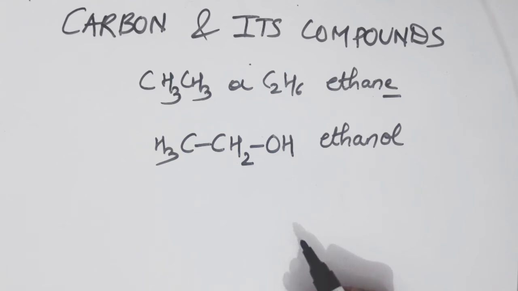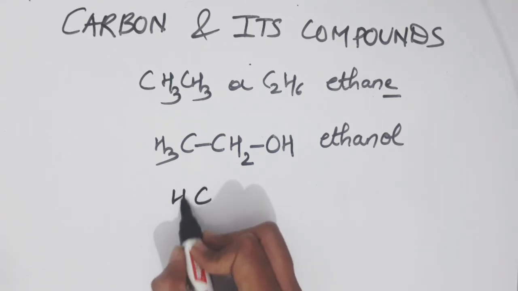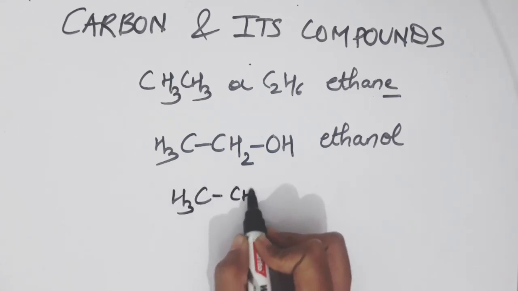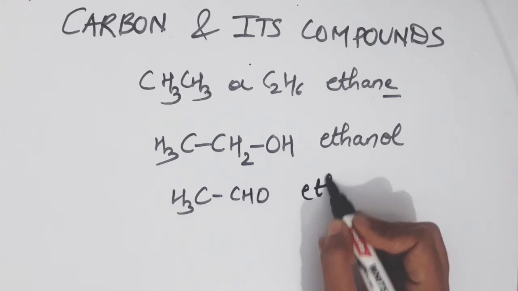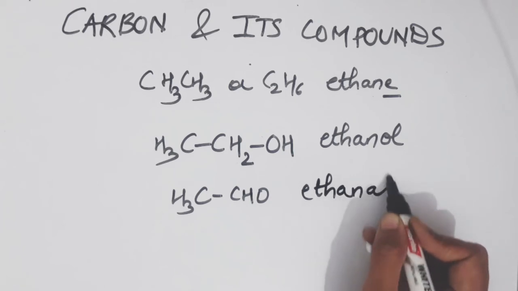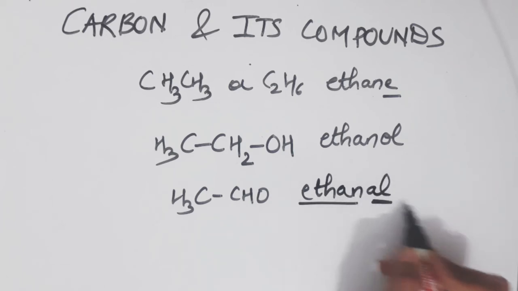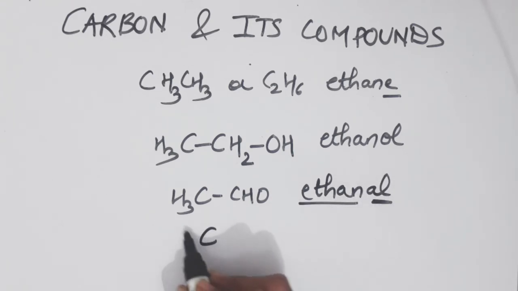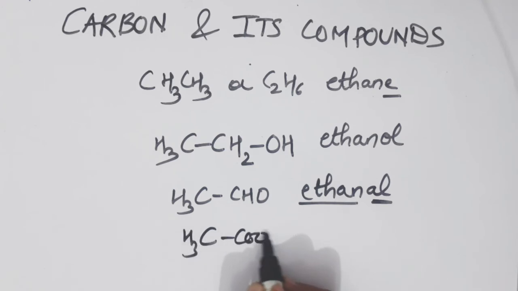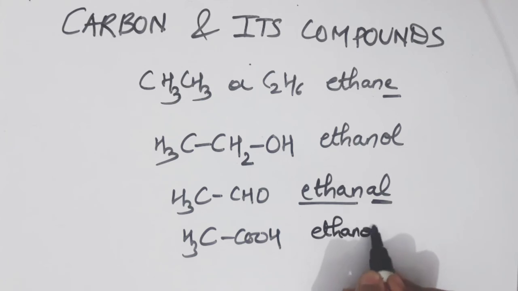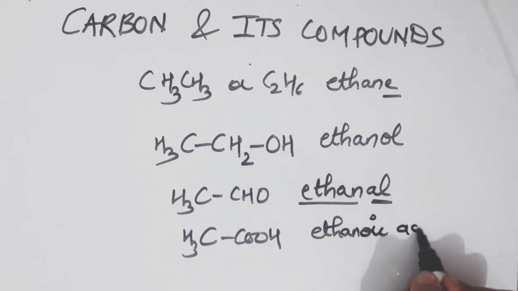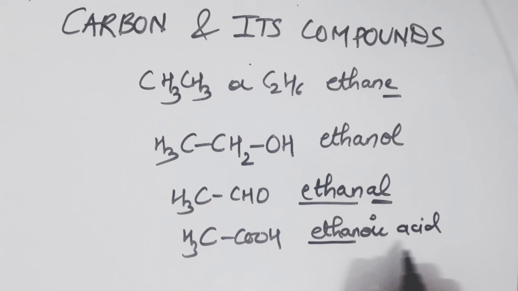Now if you add the CHO group, then you have the aldehyde group, which has the suffix -al. So it is known as ethanal. If you add the carboxylic group COOH, then it is known as ethanoic acid. So here again ethane is the same, you just have to add the suffix oic and acid: ethanoic acid.